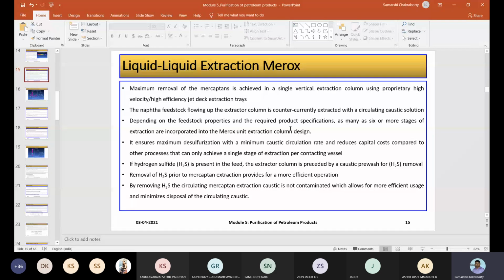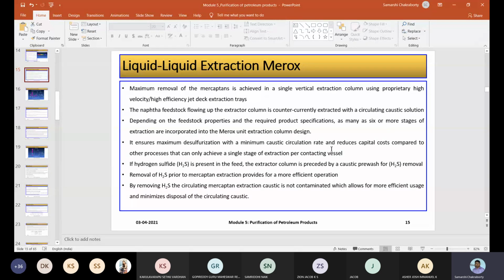Depending on the feedstock properties and the required product specification, as many as 6 or more stages of extraction are incorporated into the Merox extraction column design. It ensures maximum desulfurization with a minimum caustic circulation rate, and reduces the capital cost compared to other processes that can achieve a single stage extraction per contacting vessel.